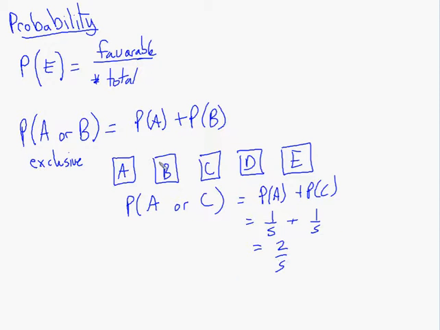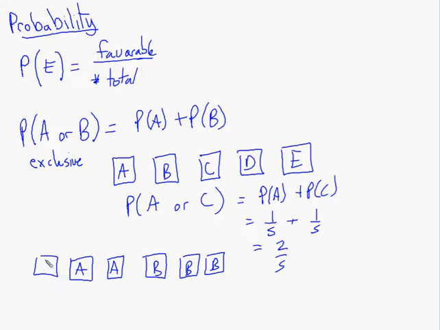Now we could have a more complicated circumstance, so we might have something like 2 of these A's right here, and then we might have a B, and a B, throw in a C, throw in a D, throw in an E. And we could ask the same thing now with this new set of cards. What's the probability of an A or a C? And again, we'll add those probabilities.